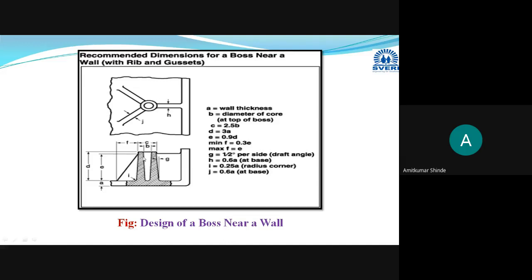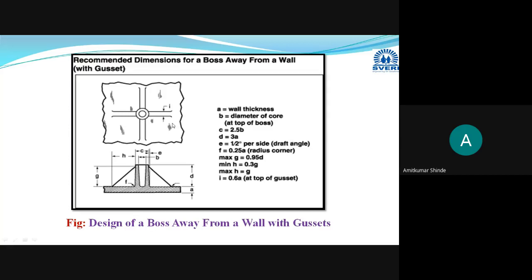It will have this rib, and these two are the gussets. This is the rib, and this is the wall. That is the boss near the wall, and then there is the boss away from the wall.